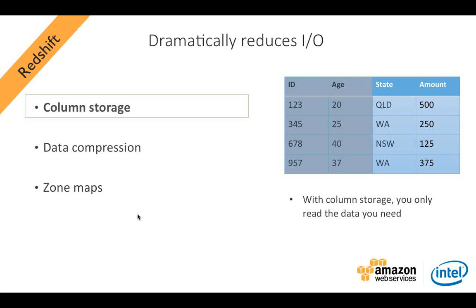So when you ask your question, give me average amount by state, we can just pick the columns that we need, run through the disk, pull out all the values we need, and give that answer back to the client. Again, this is something that you don't need to understand from a query perspective. You don't even need to model for it differently when you create your schema. It's just the way that the database stores the data on disk to minimize I/O and therefore get your data back to you much more quickly.